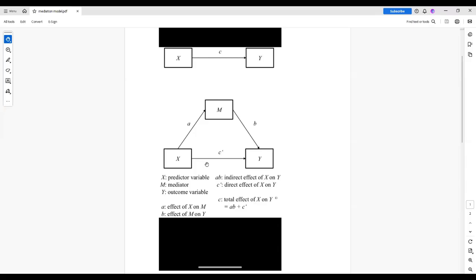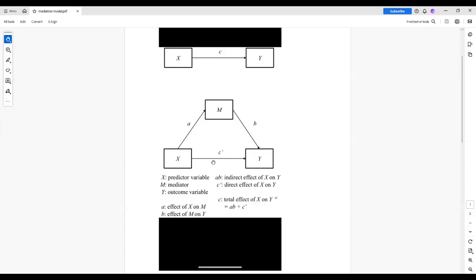You also notice that your path A is significant and your path B is significant. That means that your IV directly affects your mediator and your mediator directly affects your DV. However, you will notice that your C prime is not significant. So this shows a full mediation.